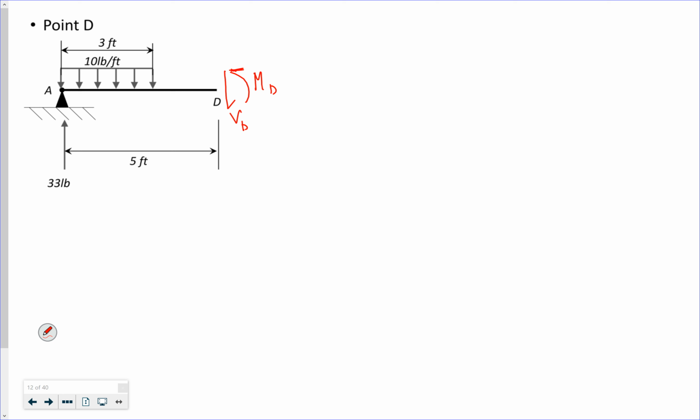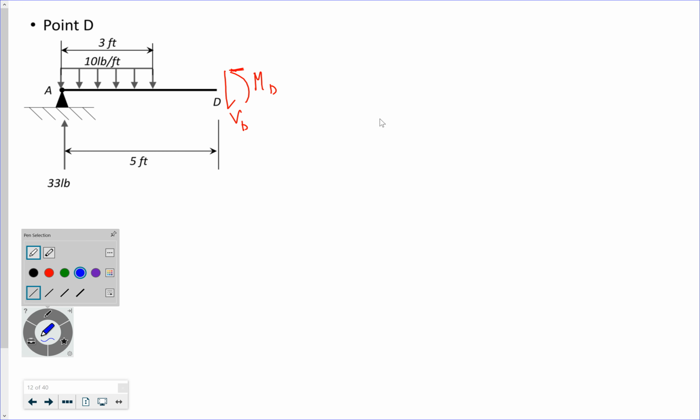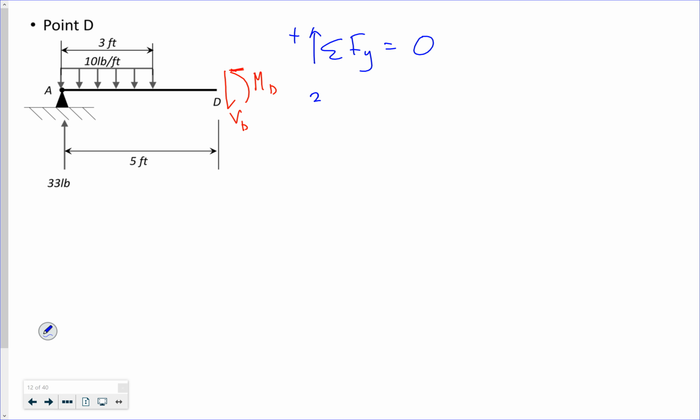Okay, if you haven't finished it, I'd pause it right now. And we will figure this out. So let's see. I'm going to take the sum of the forces in the y direction. Acting up, I have 33 pounds.